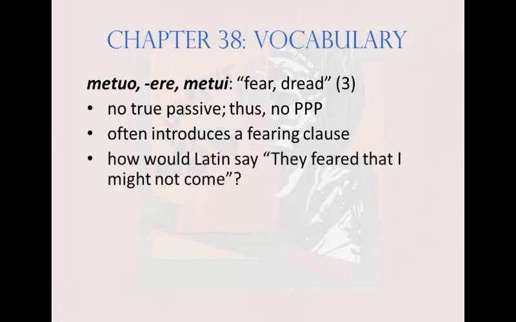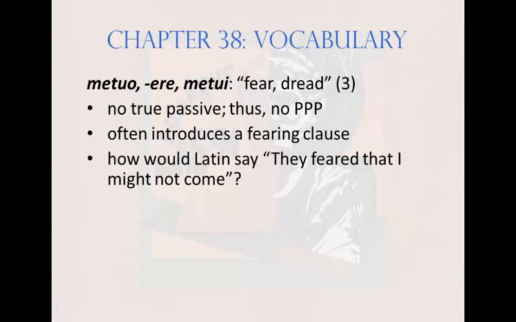How would Latin say, "They feared that I might not come"? Don't forget the ne and ut situation with fearing clauses. Ne means that, and ut means that not. They're reversed. So which do you want here in this negative fearing clause? Ut, that's right. And do fearing clauses follow sequence of tenses?